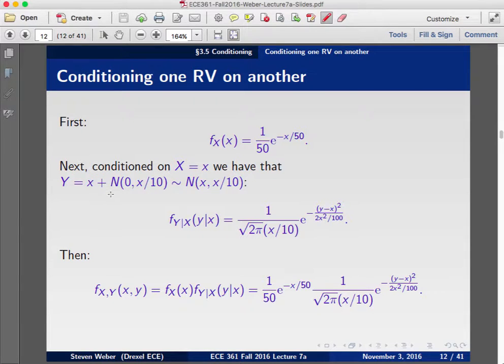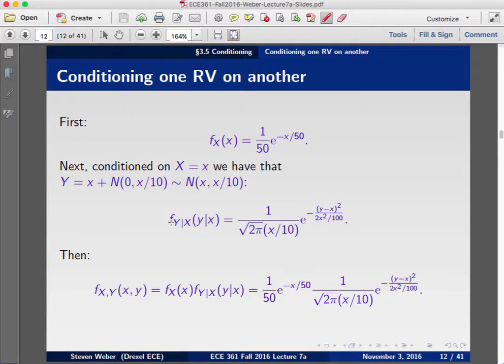That noise term is normally distributed, has zero mean, and has a standard deviation equal to 1/10 of the measured speed. Now, if I take a constant x and add to it a normally distributed random variable with zero mean and standard deviation x over 10, then all I'm doing is creating a normally distributed random variable with mean x and standard deviation x over 10. So now we know the distribution of y given x, and we write that here.